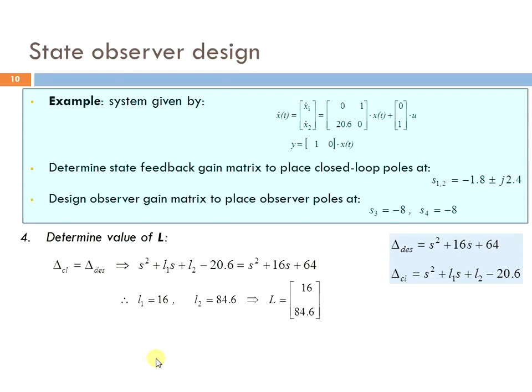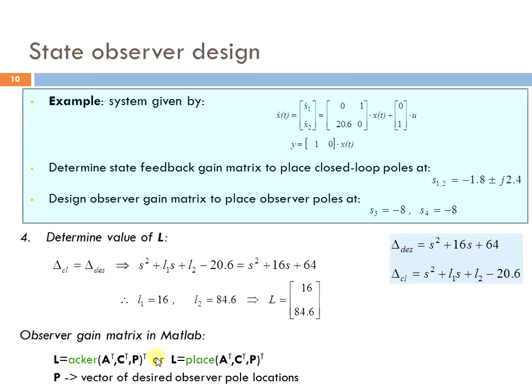So again, you can see that the observer design is in many ways similar to the state feedback gain matrix design. Because of that similarity, we can basically determine the observer gain matrix using the same functions that we used for the state feedback gain matrix, the functions acker as well as place.